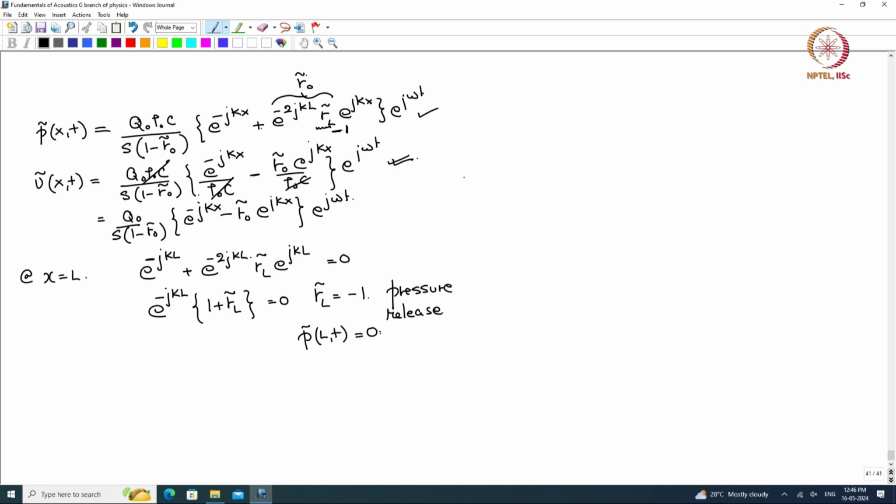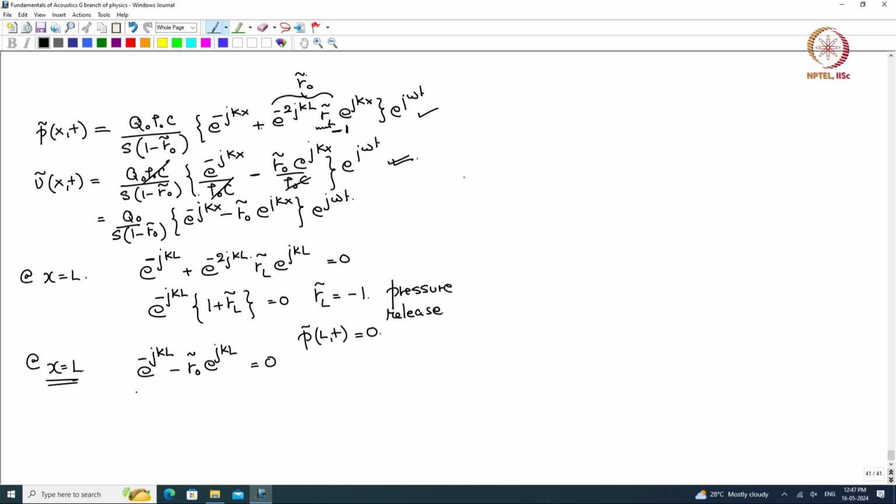And if particle velocity is 0 at x equal to L, that means e to the power of minus jkL minus R0 tilde e to the power of jkL is equal to 0.